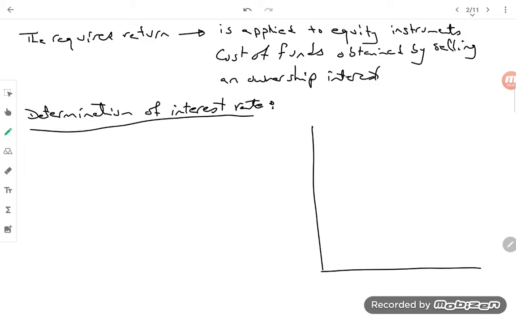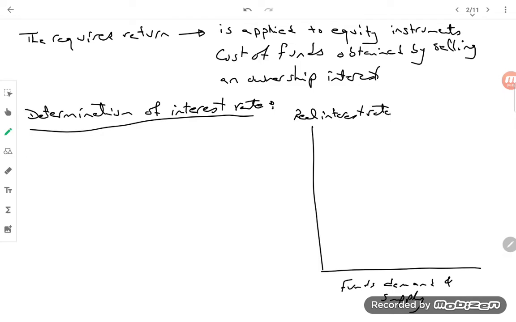This figure shows the market for funds. This is funds, demand and supply. And this is the real interest rate.